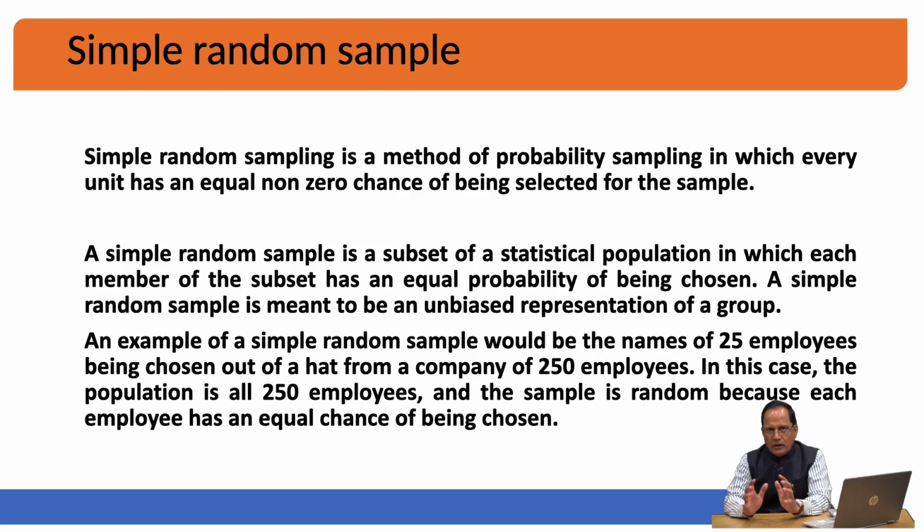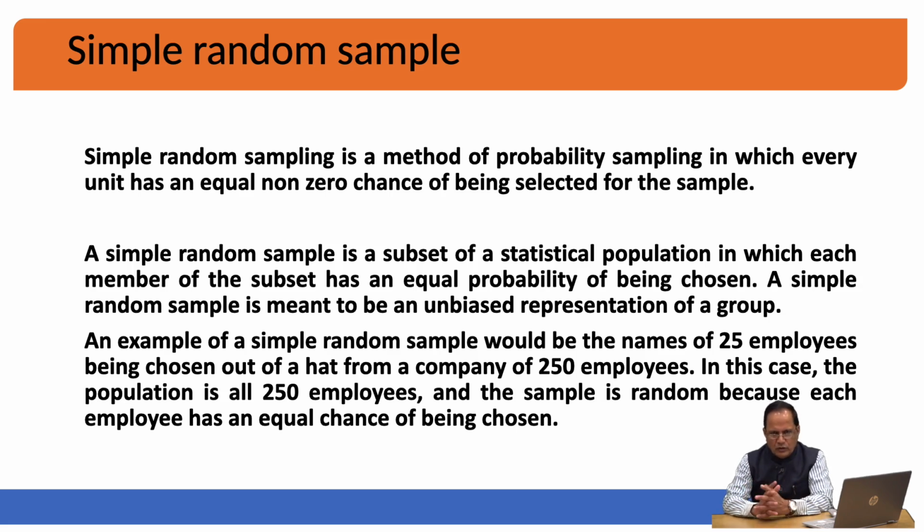In simple random sampling, the population should not be very large. In other words, whenever we have a smaller population, suppose we want to conduct the study on the students of a school or a college or a university, the sample size is not large.